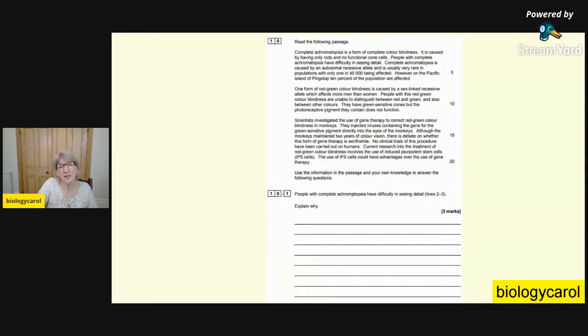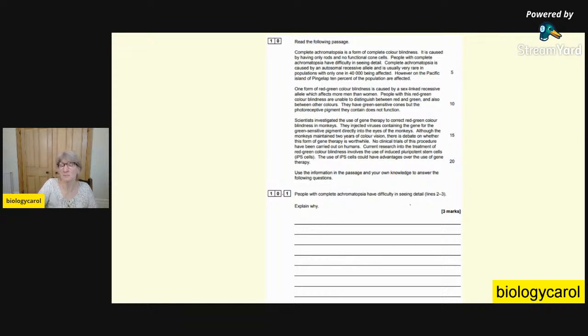So people with complete achromatopsia have difficulty in seeing detail. Here we go. Complete achromatopsia is a form of complete color blindness. It is caused by only having rods and no functional cone cells. They have difficulty in seeing detail.